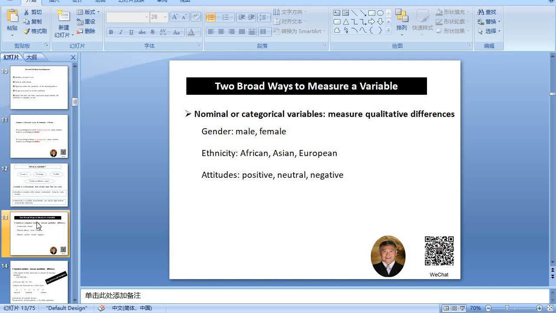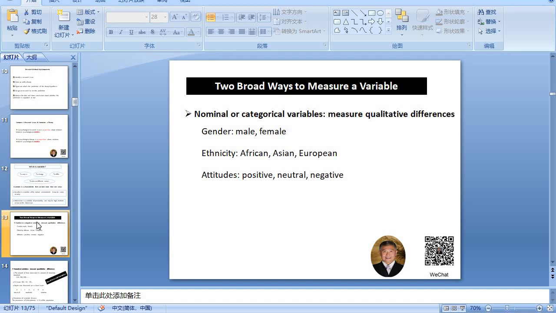One way to measure a variable is called a nominal variable or categorical variable. These variables measure qualitative differences. Gender is a qualitative variable or categorical variable or nominal variable. Gender has at least 2 values, male and female.